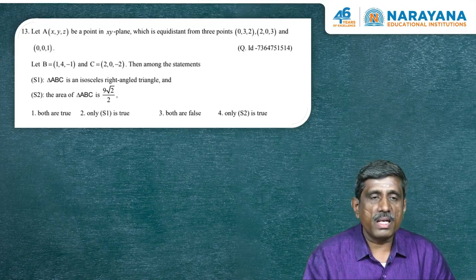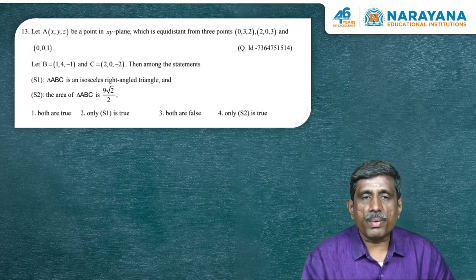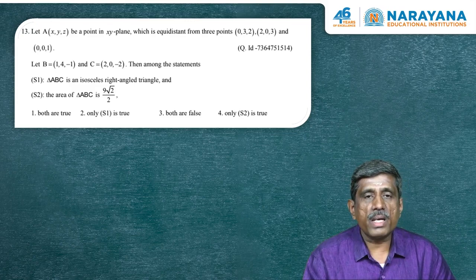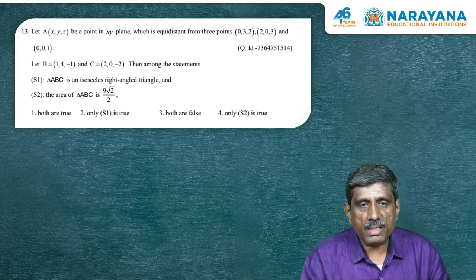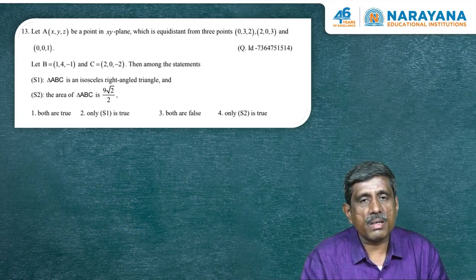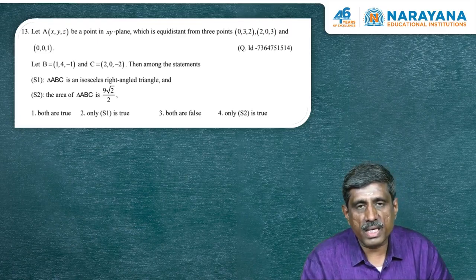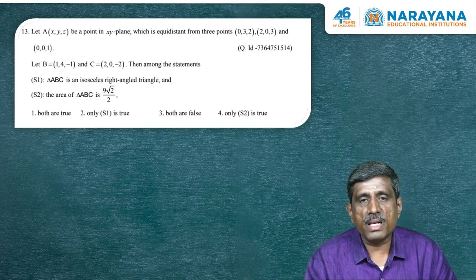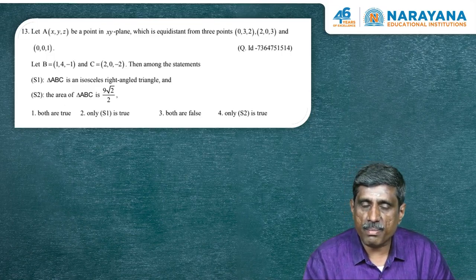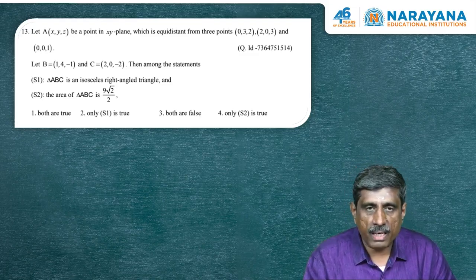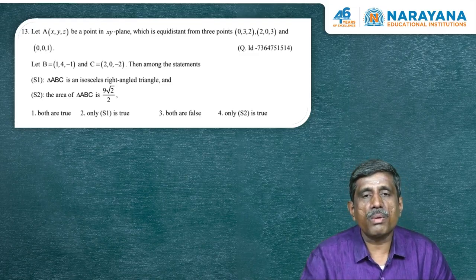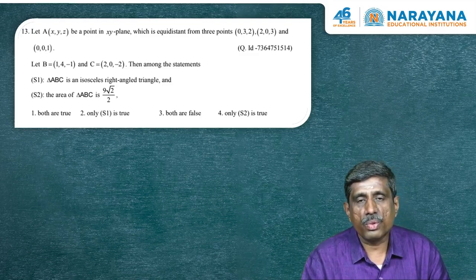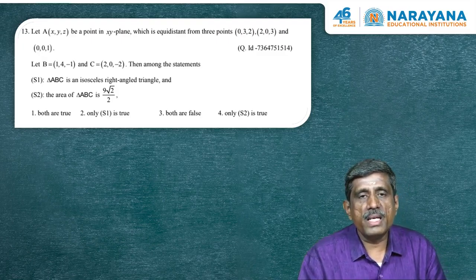You have to understand very clearly that when the point A is equidistant from the points P, Q, R, it does not mean that it is the circumcenter of the triangle PQR, because in 3D geometry, a point equidistant from the 3 given points need not be the circumcenter. It can be any point on the line passing through the circumcenter perpendicular to the plane PQR. So, we do not go with the idea that it is a circumcenter.